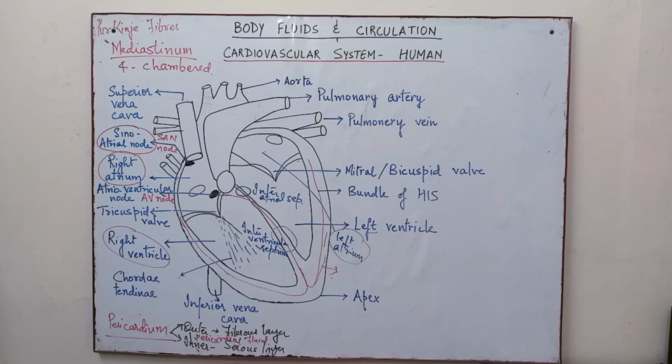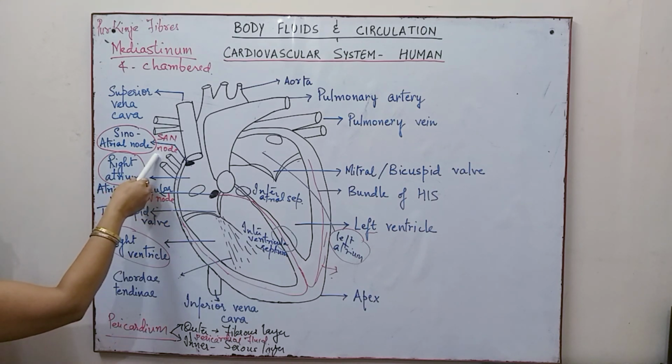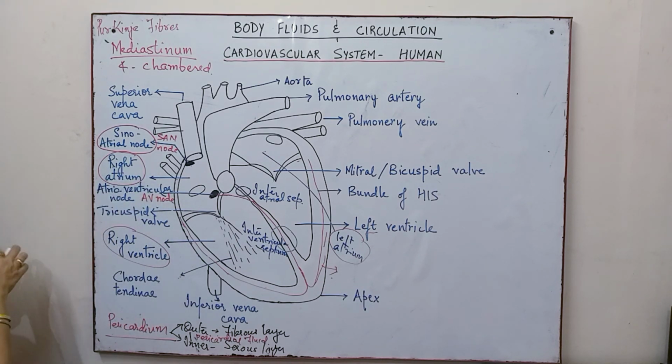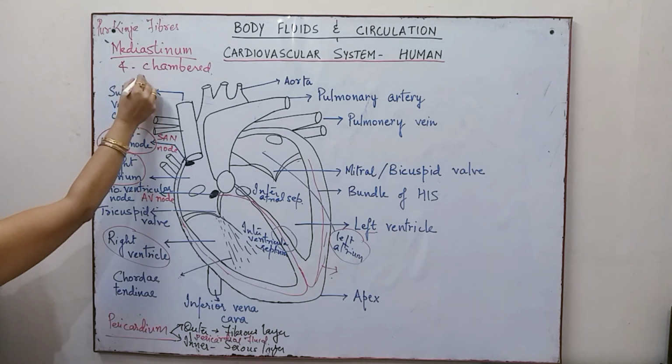That's why the approximate normal heartbeat we consider is 72, the heartbeat of a healthy person. And this is responsible for starting and maintaining the rhythmic contraction of the heart. So the SAN has an action potential of around 70 to 75 per minute.